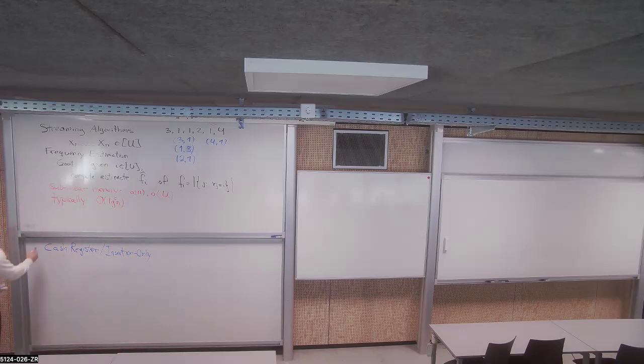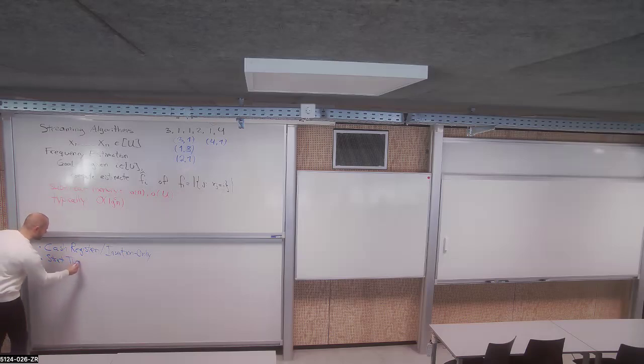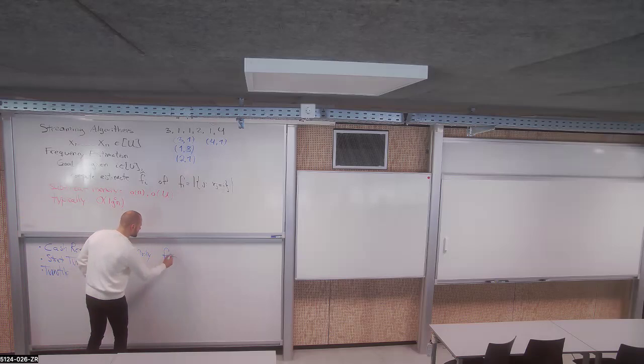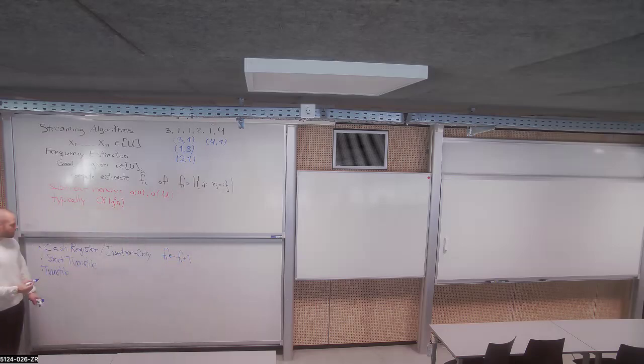Then, what if I can also support subtractions to my frequencies? Then we have two different models. One of them is called strict turnstile, and the last one is just called turnstile. The first one is really like here, where every frequency is always updated by one if I see an item i.